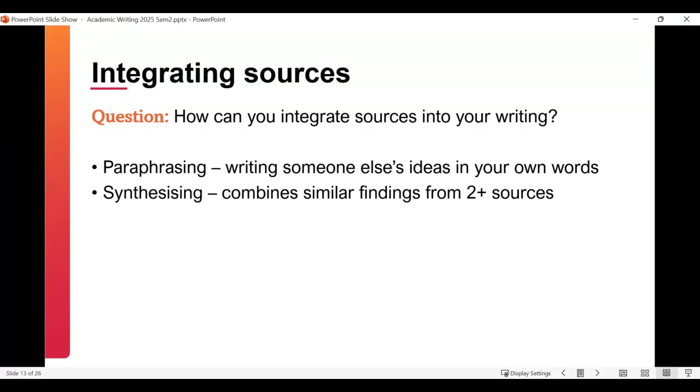And so you're going to synthesize those and say, well, there's 4 people out there who agree with me that dogs are awesome, or dogs are better than cats, or whatever the question is you're trying to answer. So that's synthesizing, which is essentially the same as paraphrasing, but you combine 2 or 3 authors that you've read.